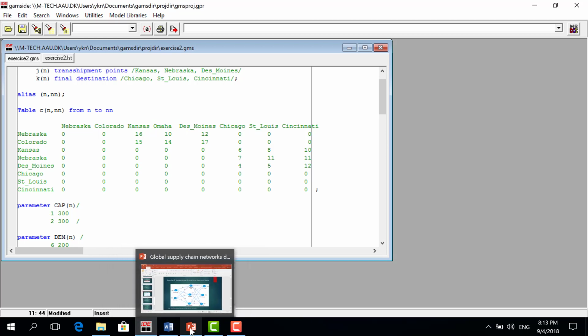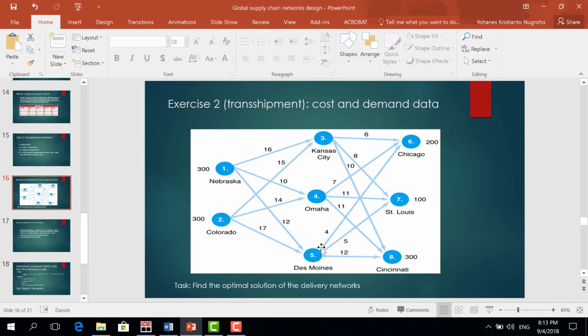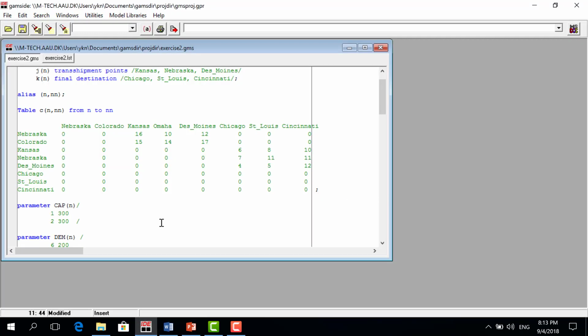Let's see, Cincinnati to Chicago. Yeah, there is no flow, so we can set it as 0. Anyhow, you can set anything, not only 0. If you want to put a very big number, like 100 or 1000 instead of 0, it is fine.